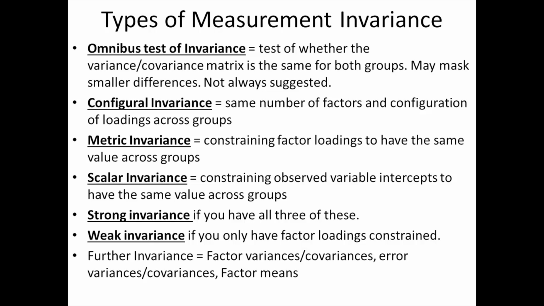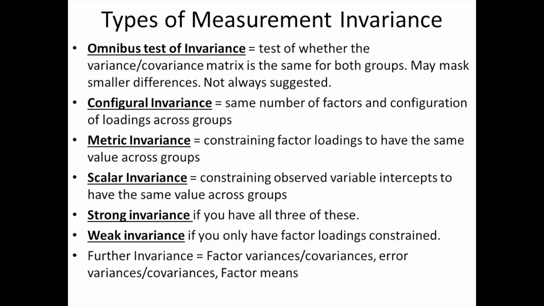So let's say we're testing boys and girls on their introversion and extroversion, and we have a scale of 5 items for each of those. We would want to know, are we getting the same items loading significantly and above 0.4 on a standardized loading? Are we getting the same number or the same items loading for boys and for girls with these constructs?